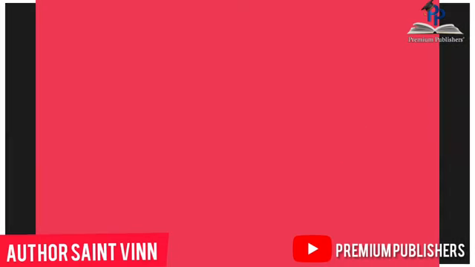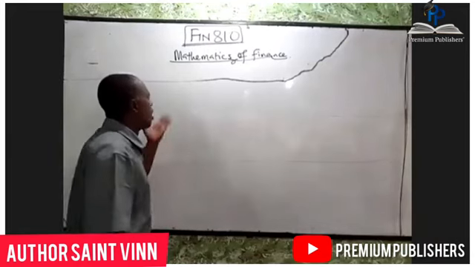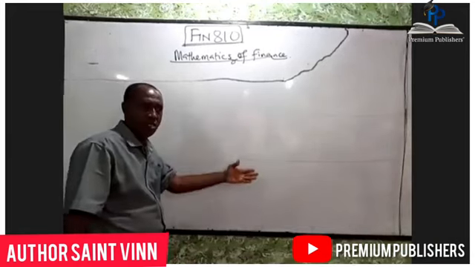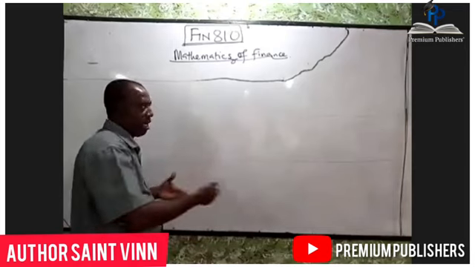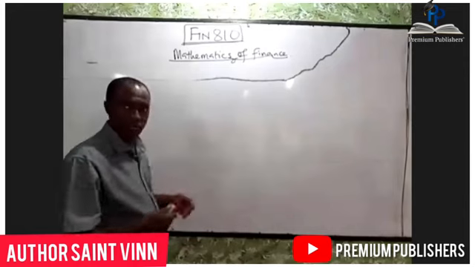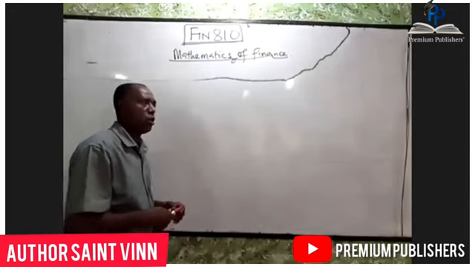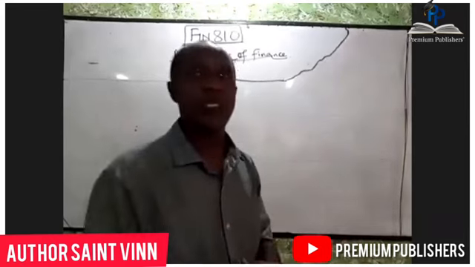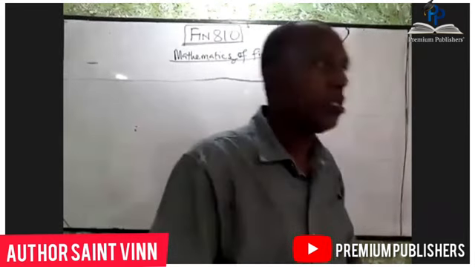In mathematics of finance, the thing that we're going to look at here is the future value of money, present value of money, and other components of the formula. And after that, by His grace, we move on to what we call annuity. How to calculate annuity, what is annuity.